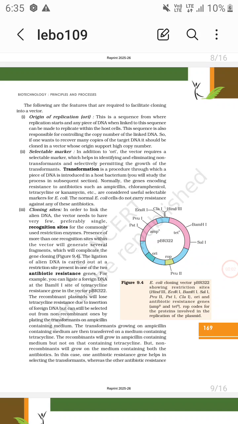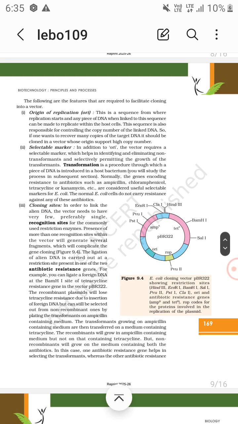Origin of replication, where the replication of the desired DNA fragment starts. And a selectable marker helps in identifying and eliminating non-transformants and permitting the growth of the transformants that have a recombinant DNA.